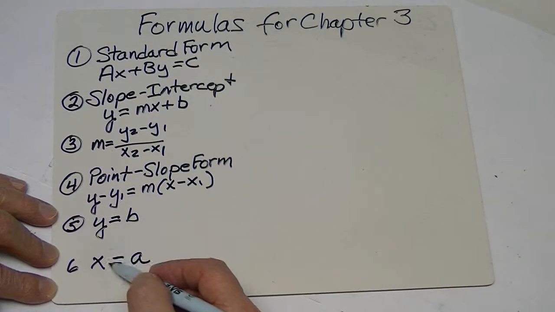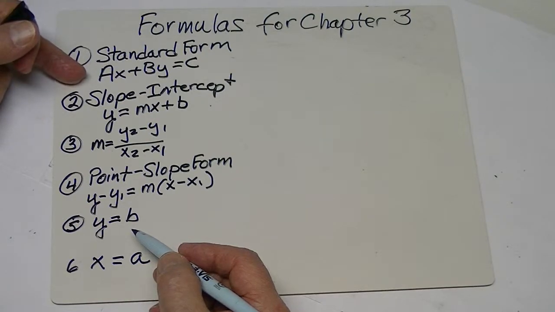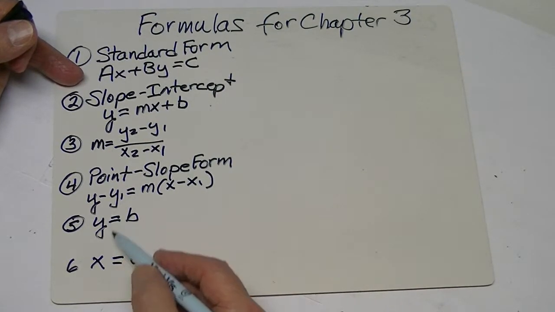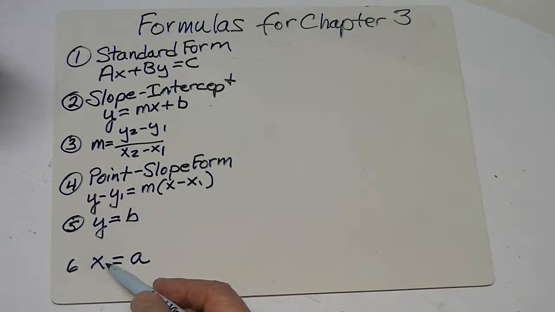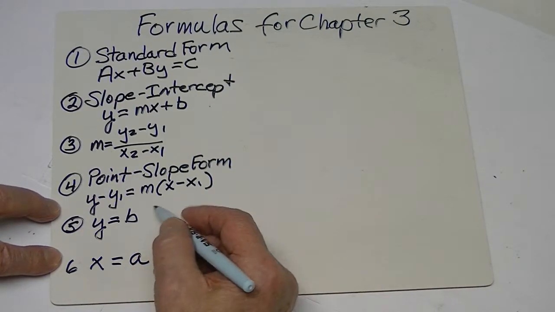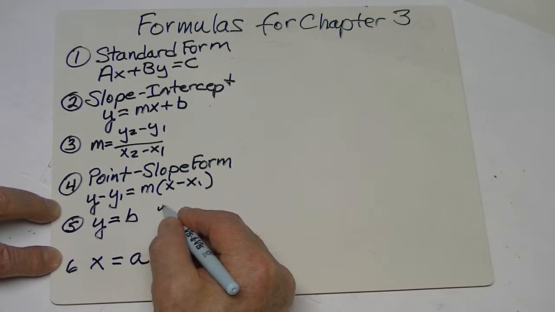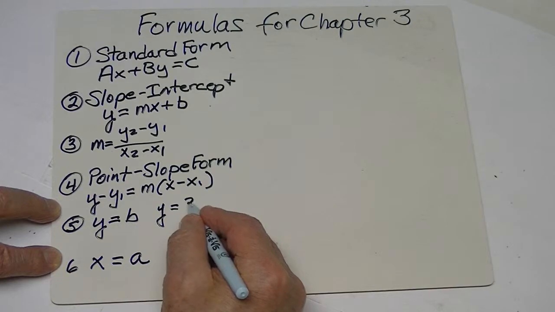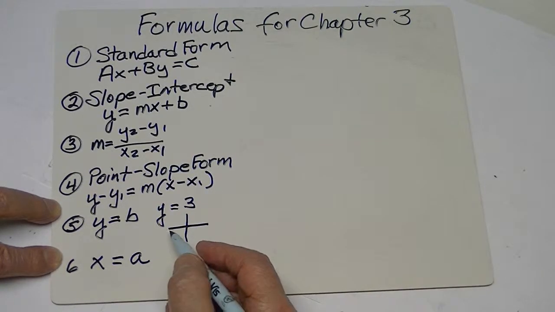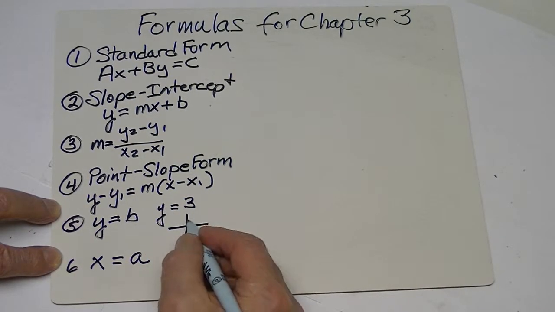Now, these are modifications of standard form, but here there is no x, and here there is no y, because there's 0. And an example of this one would be, let's say, y equals 3, and the graph of that would be a horizontal line going through 3.